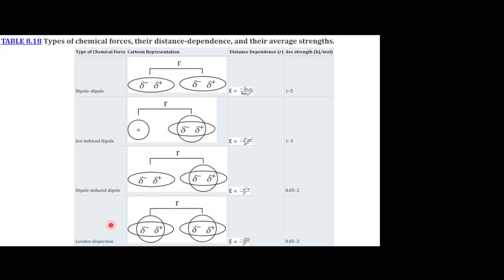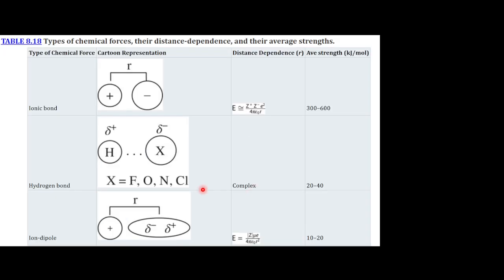Okay. Now, these forces are very small individually, but they're easy to add up, right? So keep that in mind, that many of these lower energy forces are very easy to start adding up. For example, hydrogen bonding, your typical sugar has like 5 or 6 of these, right?